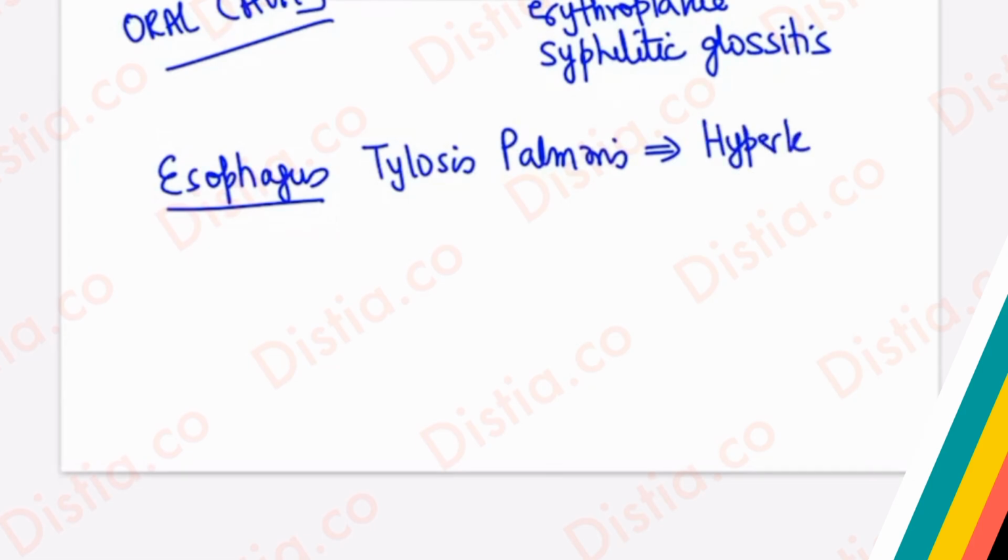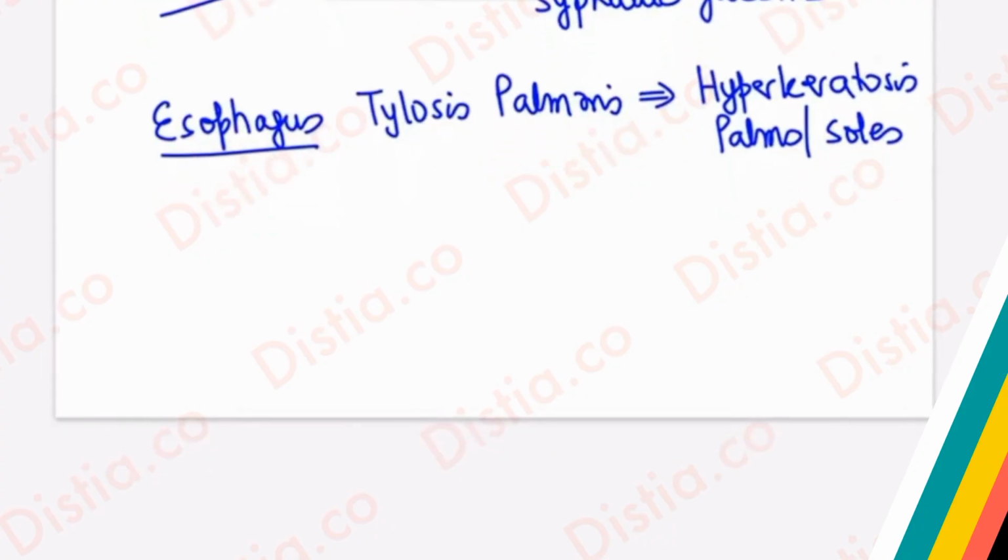So one of the clinical findings that is seen in tylosis palmaris is hyperkeratosis that develops in the palms and the soles. And as I explained to you, that squamous epithelium can definitely be formed in the esophagus, and therefore the end result would be a squamous cell cancer, which is one of the leading cancers of the esophagus.